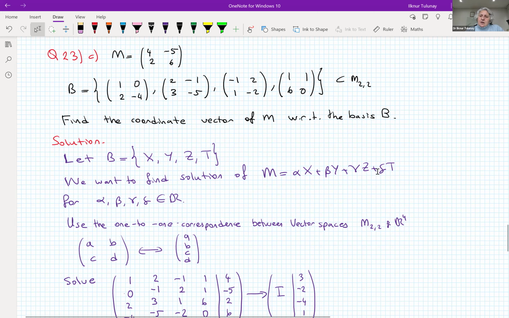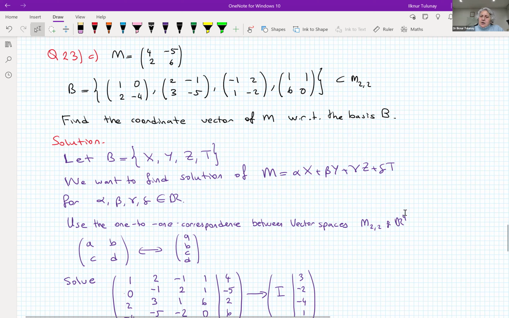Again, as I've done in the polynomial vector space case, I will use a one-to-one correspondence between the vector space M22, which are 2 by 2 matrices over R, and the vector space R to the 4. This has dimension 4 because you have 4 parameters, right? 1, 2, 3, 4.